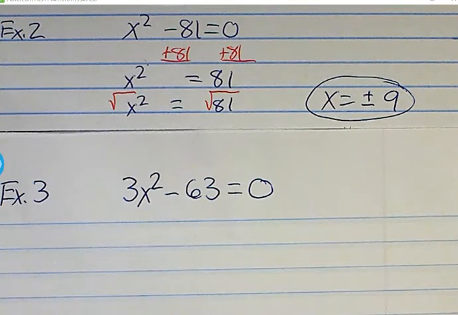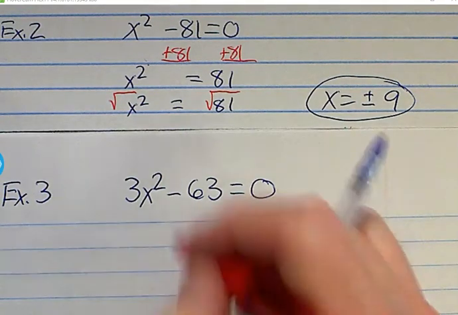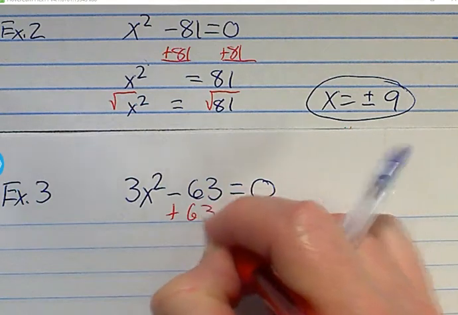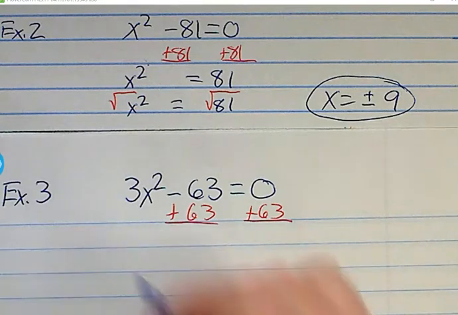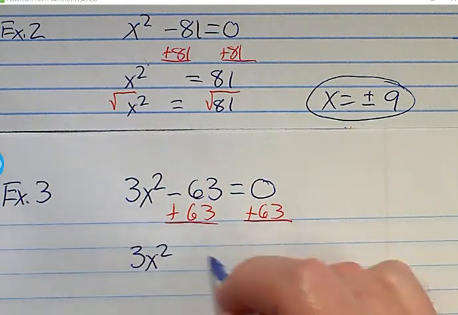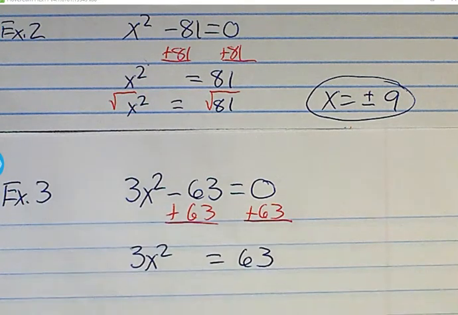Okay, so let's go with 3x squared minus 63 equals 0. Okay, and again, we're still trying to get x squared by itself, so we would still do our normal solving. First thing is that we'd add 63 to both sides. So that gets us down to 3x squared equals 63.